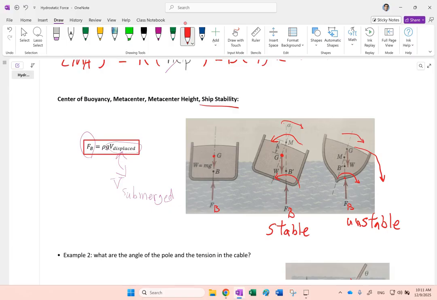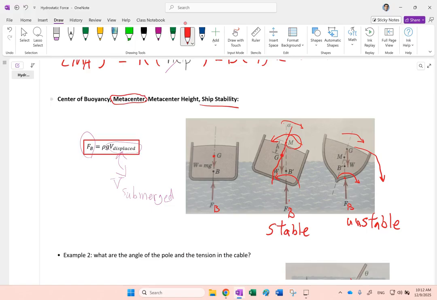Another way that some people analyze it is they say the location where the line of action for the buoyancy force, this vertical line passing through the buoyancy force, and the line through the middle of the ship, so this line and this line, the location where these two intersect, that point M, is what they call the metacenter of the ship.